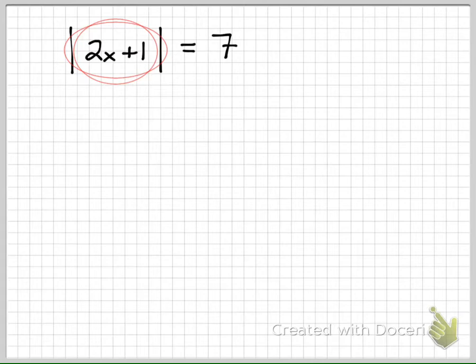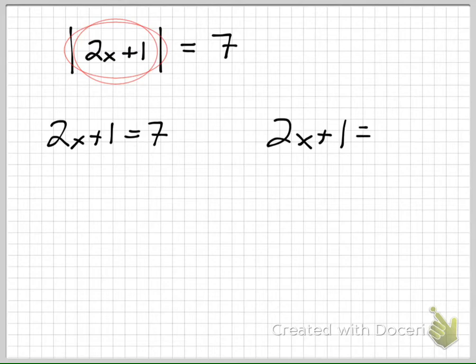Remember, this guy right here, inside of here, can be 7. So I can go 2x plus 1 equals 7, right? Because this can be 7, or 2x plus 1 could also be negative 7, right? Do you see that?